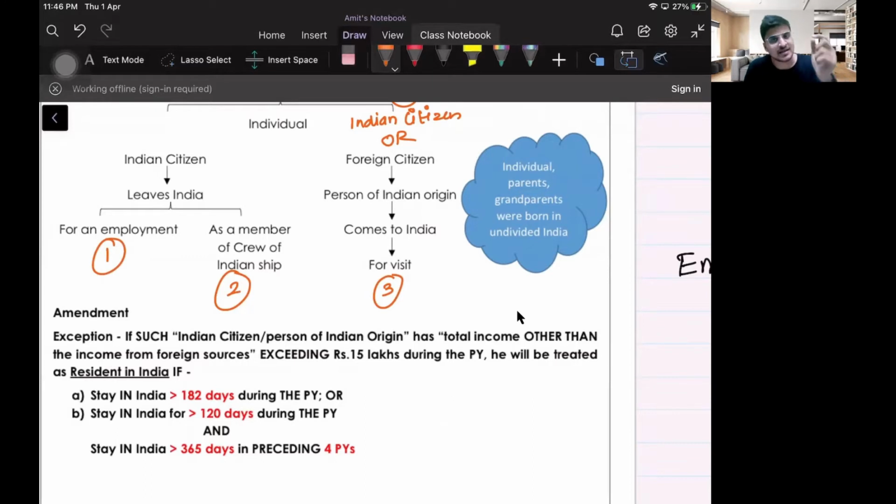The 60 days will be replaced with 120 days, and everything else will remain the same. And if you are fulfilling the 120 days condition, you will be considered a resident, and that resident directly becomes RNOR, that is, resident but not ordinarily resident.